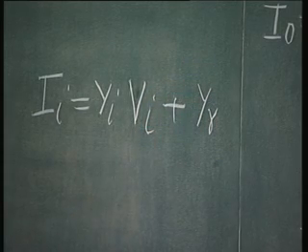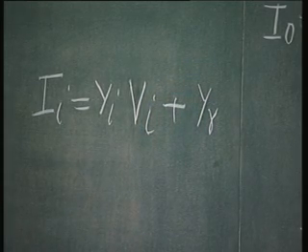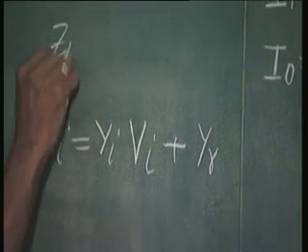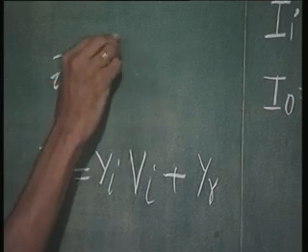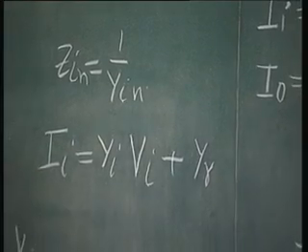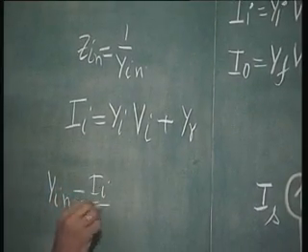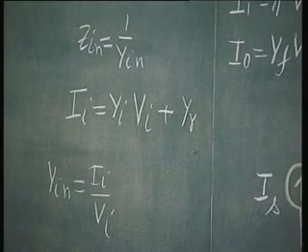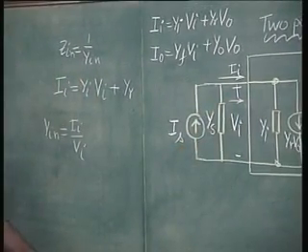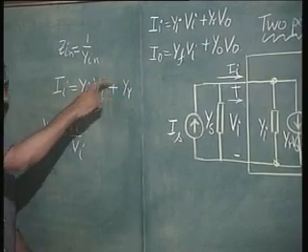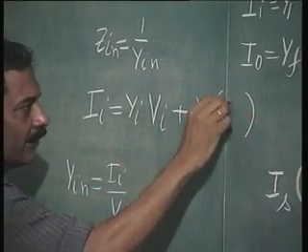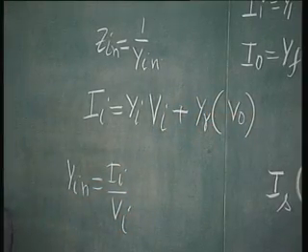We have to replace this V naught by something that is dependent upon Vi, so that we can find the input impedance Zin, which is 1 over Yin, and Yin is Ii by Vi. This is the input impedance seen from here. In fact, if Yr is 0, this is the same as Yi. If Yr is not 0, there is Yr into V naught, and this V naught has to be replaced in terms of Vi.